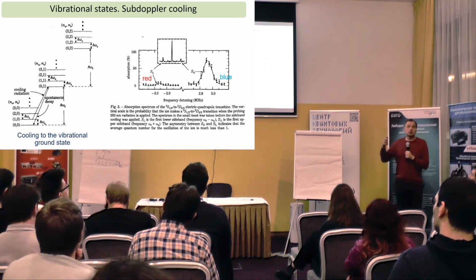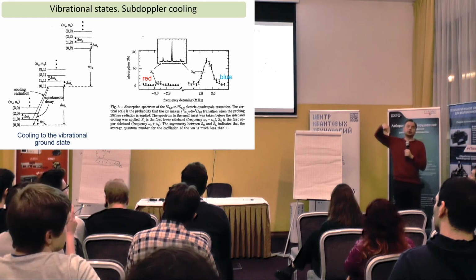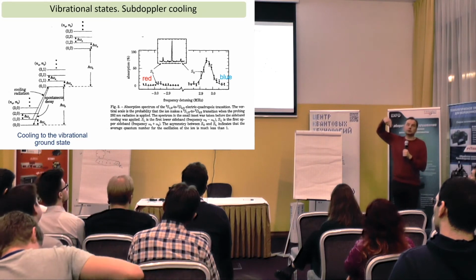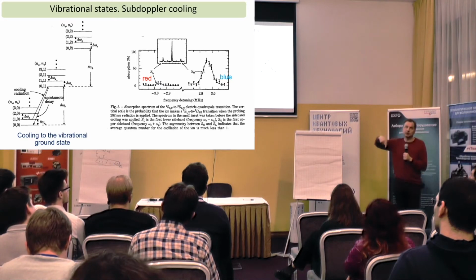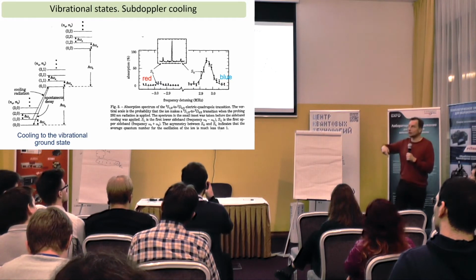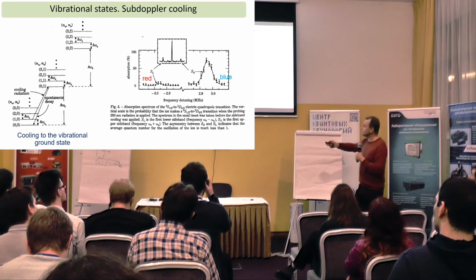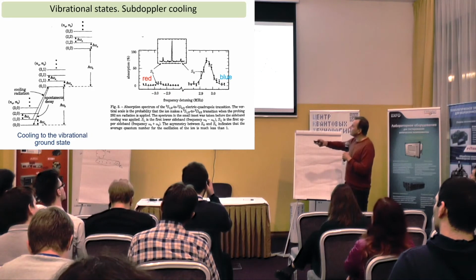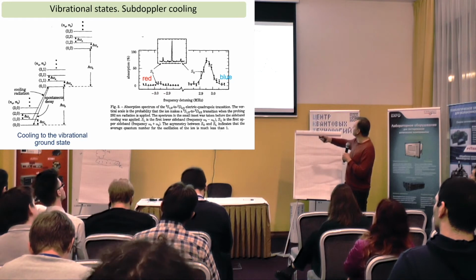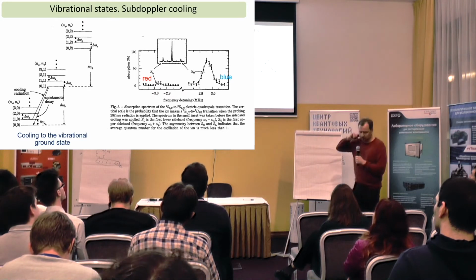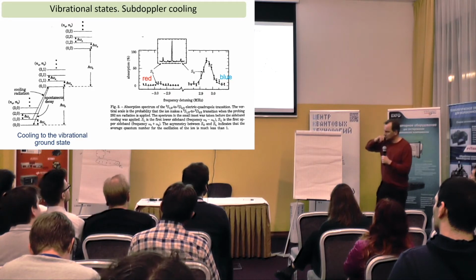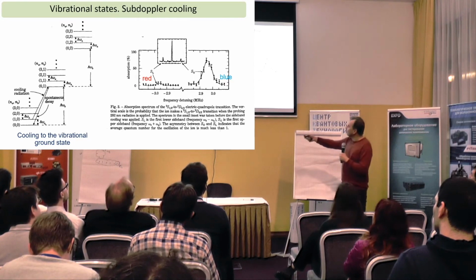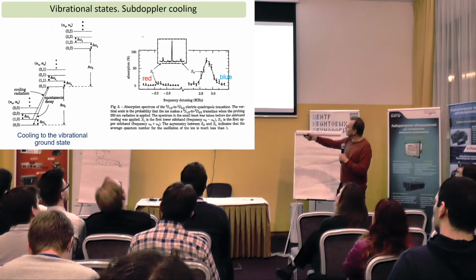If one wants to go down in temperature, so 3 millikelvin is good, but for some quantum protocols you have to really go to the ground vibrational state. How to go there? In some sense it's quite straightforward. You take a laser, as suggested by, again, I think Wineland quite long ago. You take a red detuned sideband.